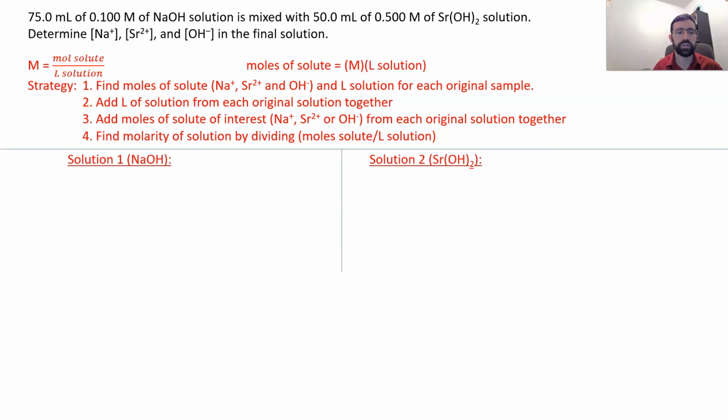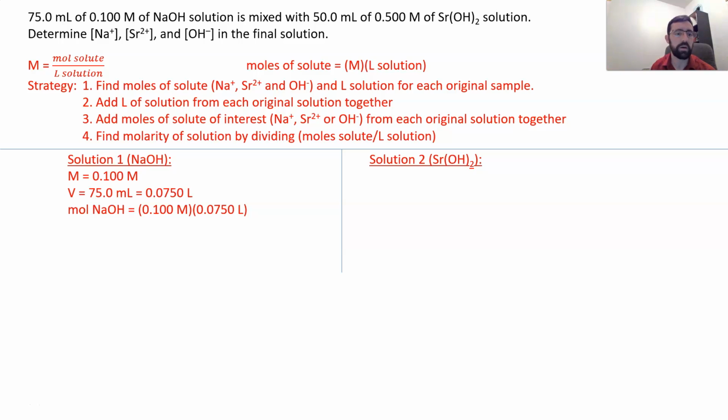So we've got two different solutions we're mixing together. I've got a sodium hydroxide solution and a strontium hydroxide solution. Start with sodium hydroxide. We've got a concentration of 0.100 molar given in the problem, and 75.0 milliliters. I've just turned that into liters by dividing by 1,000.